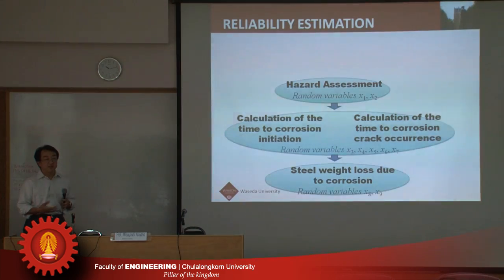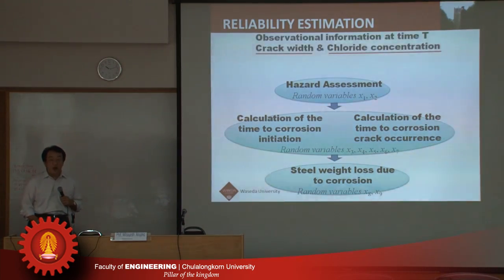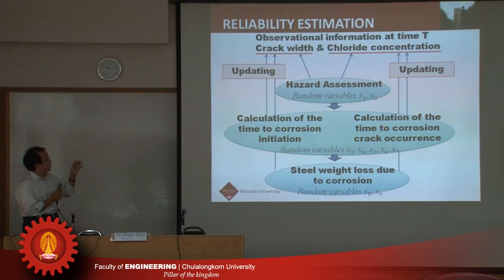So we have to use so many random variables. However, once observation information is provided, such as crack widths and chloride concentrations, the statistics of these random variables can be updated to be consistent with this observation information.